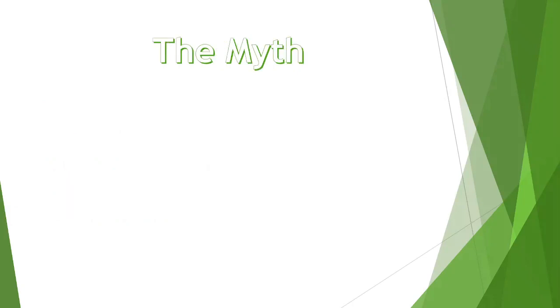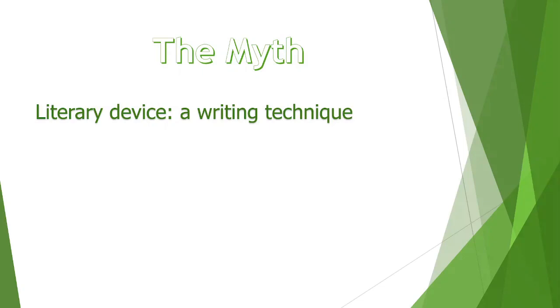Before we dive into the specific examples of how to apply the 2 steps to identify the correct literary device used, make sure you know the difference between literary device and figurative language.